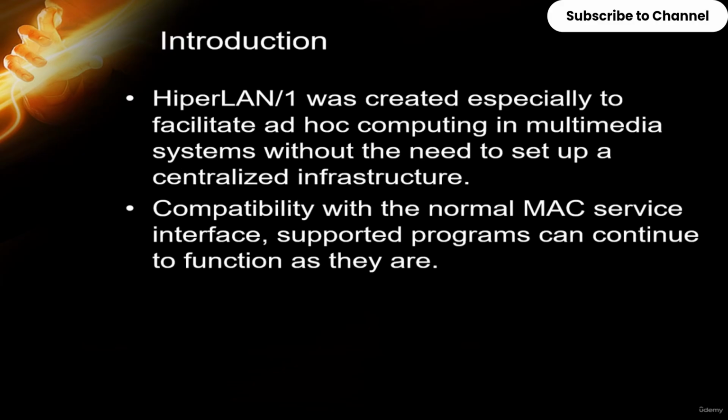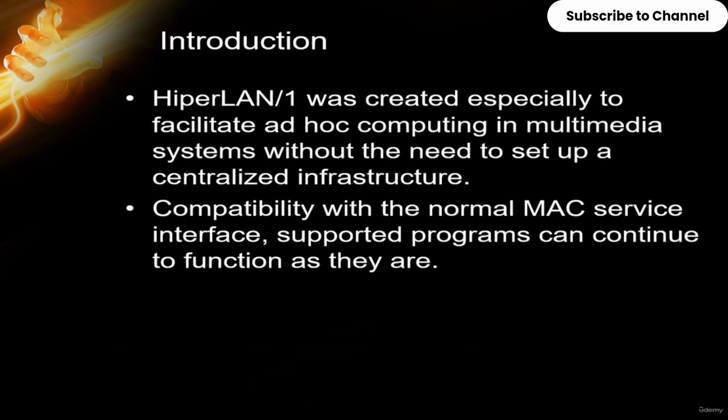Next, HiperLAN is a standard technology which was especially used to create LAN extension via access points. HiperLAN can also function without any kind of access point infrastructure. The interesting thing is it was evolved in 1992, and then in 1995 the standard was released.